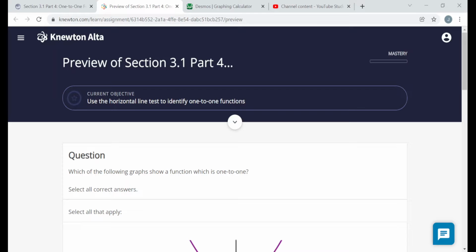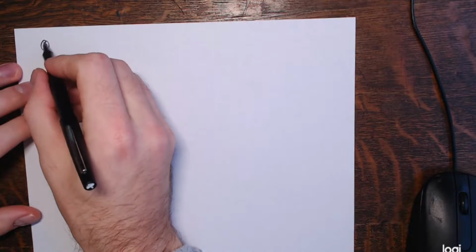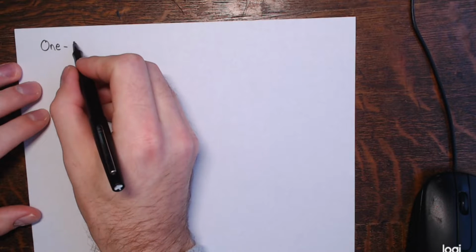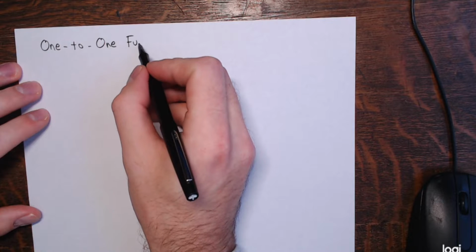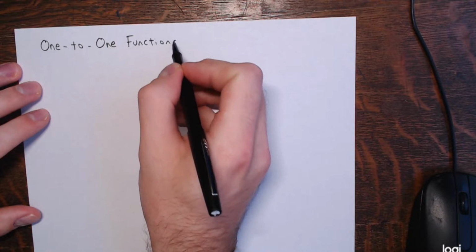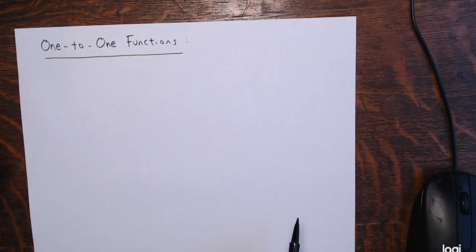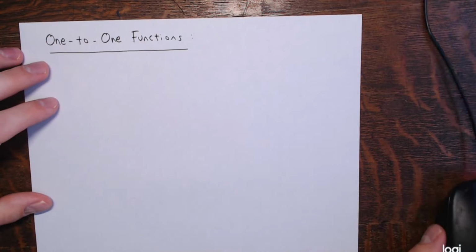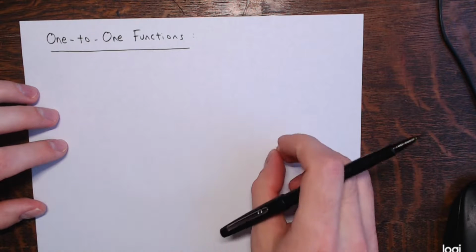All right, so before I get into this question, let me talk about what it means for a function to be one-to-one. Alright, so remember, a function, every value in the domain goes with exactly one value in the range.